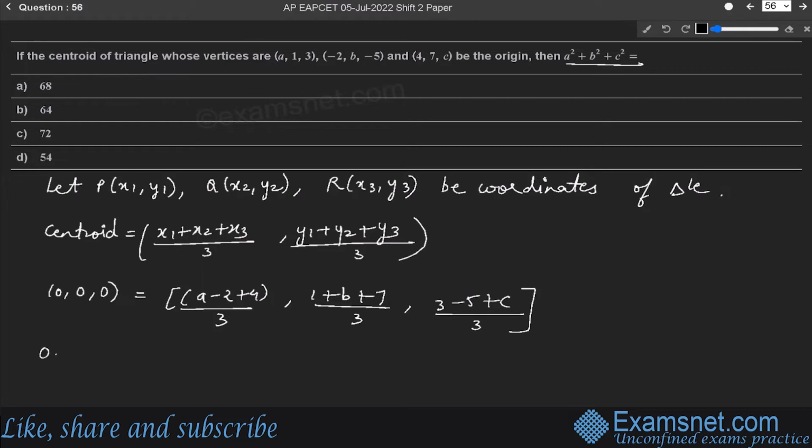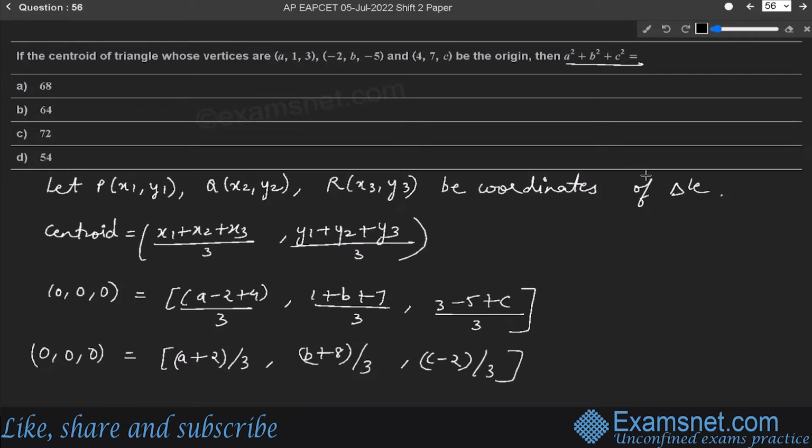So we can say that 0, 0, 0 will be equal to a plus 2 by 3, b plus 8 by 3 and c minus 2 by 3.